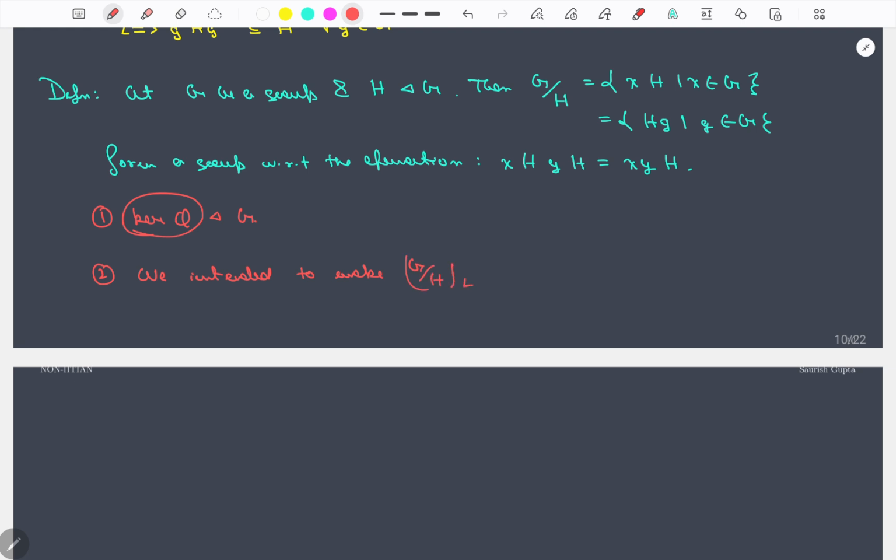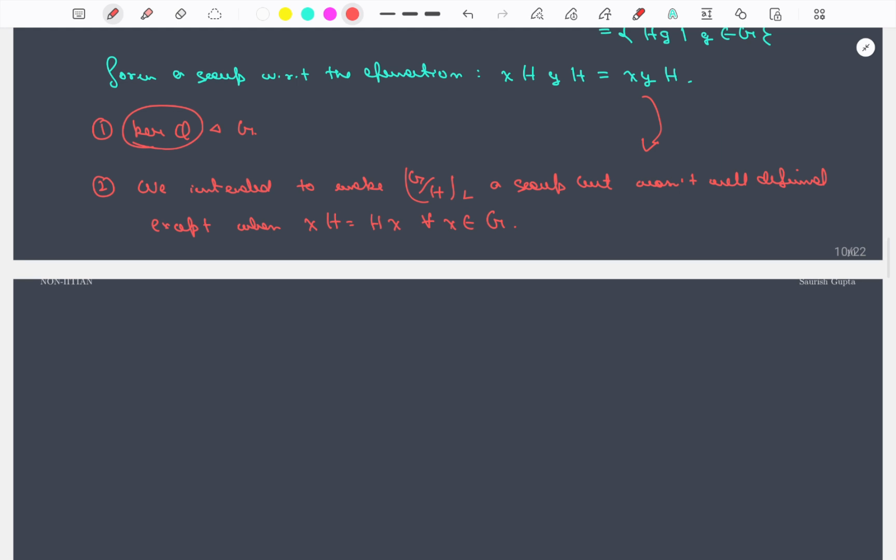So H was a random subgroup of G, a group, but this operation wasn't well defined, except when we allowed xH to be equal to Hx for every x in G. Okay, so this is the second way we thought about such subgroups, and in fact we found out that such subgroups are of extreme importance in some sense. A very important property of normal subgroups is the following lemma.